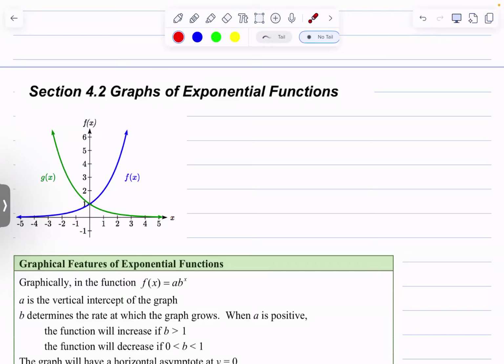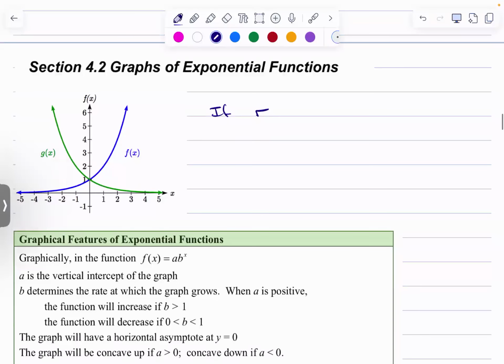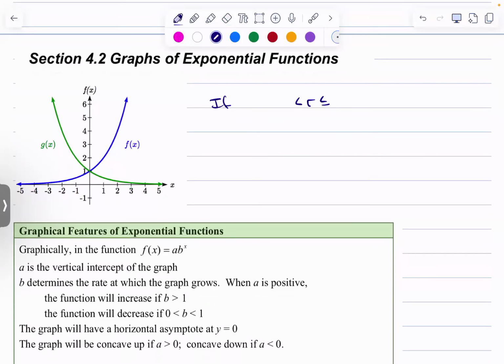I really can't remember what I was going to put here, but if r is between 0 and 1, then we have growth in f of x is equal to a times 1 plus r to the power of x.